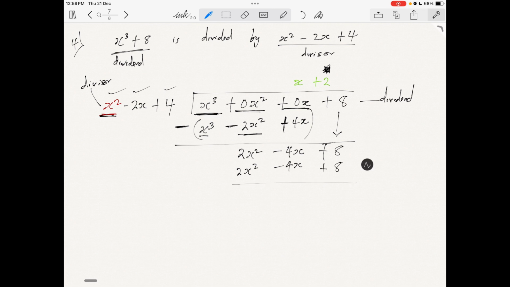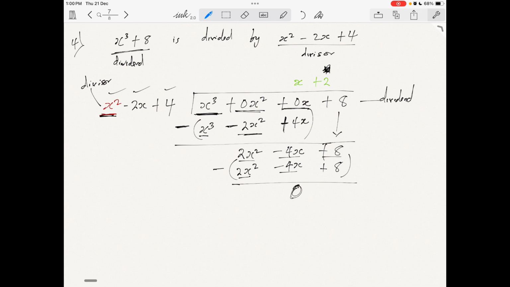Now when we subtract these together, we have 2x squared minus 2x squared, we have 0, okay? And minus 4x minus minus 4x, we still have 0, and 8 minus 8, we have 0. So at the end, everything results to 0.